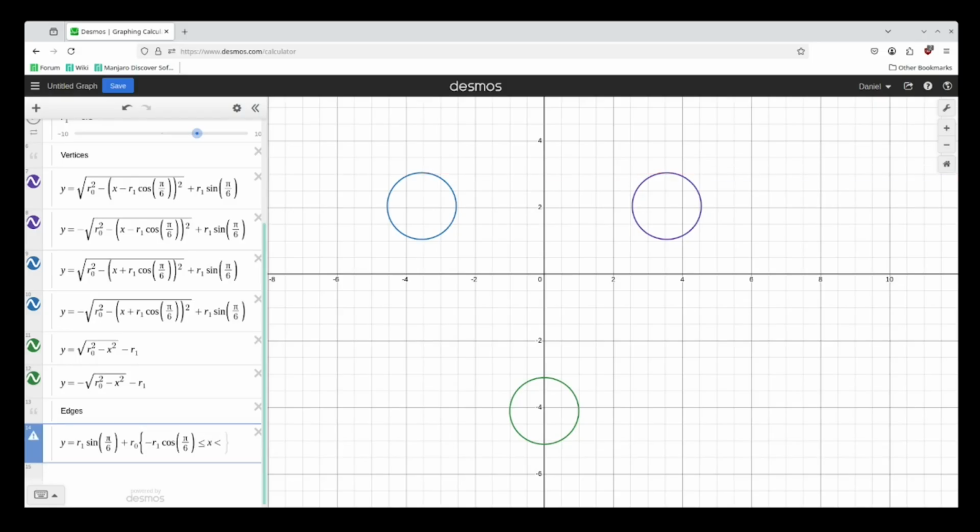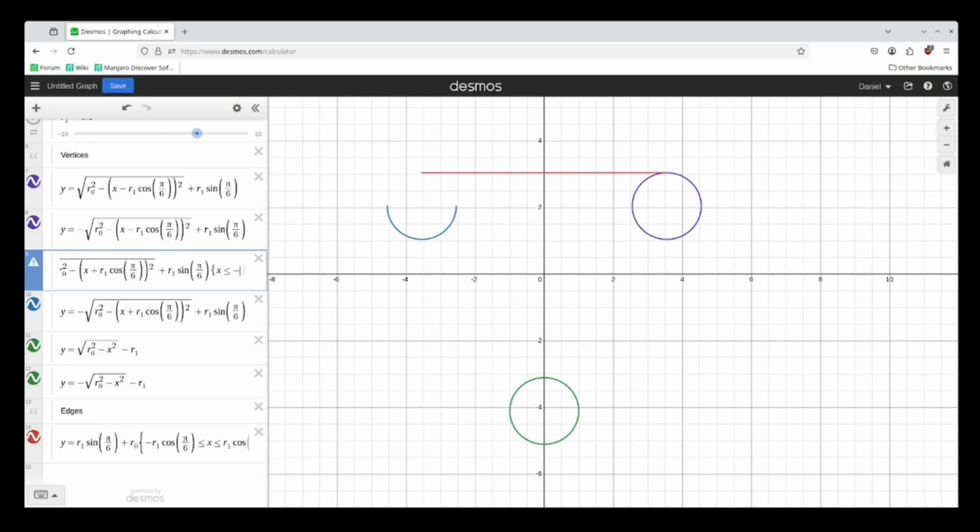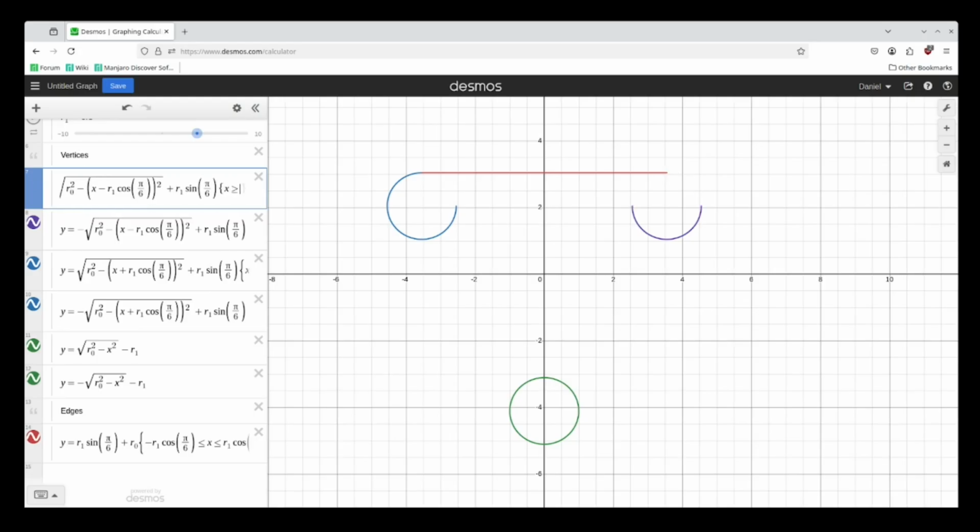Less than or equal to the positive version of that. And that allows us to edit this circle to be everything to the left of this line. And then for this top line here, you can click on it directly and it'll tell you which line it is. So we'll say we want everything to the right of this.